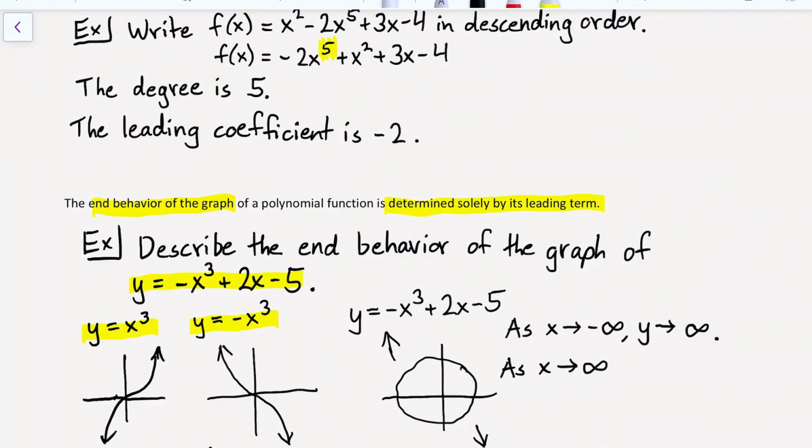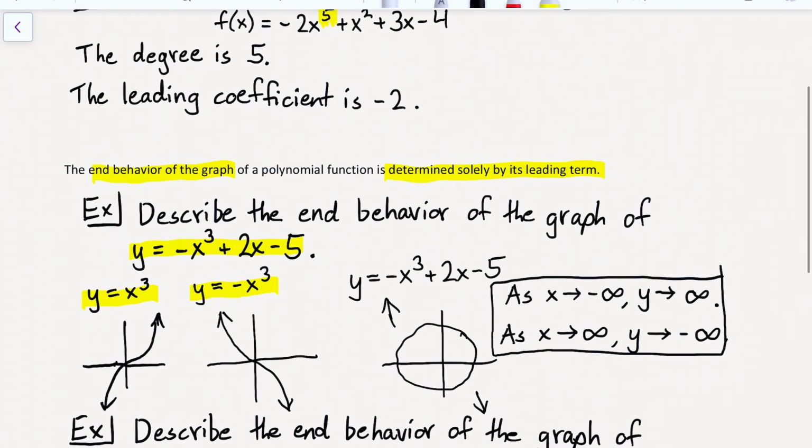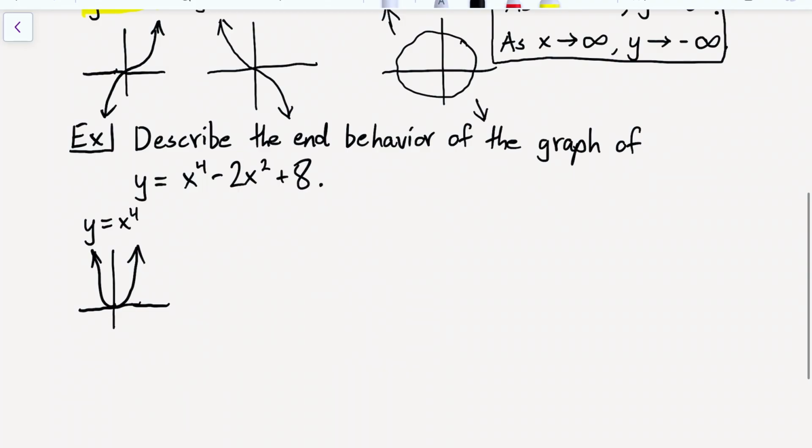And in a similar way, as the x values approach positive infinity, as we move to the right, the y values are going downward. So we say the y values approach negative infinity. This statement is a description of the end behavior of this polynomial function.